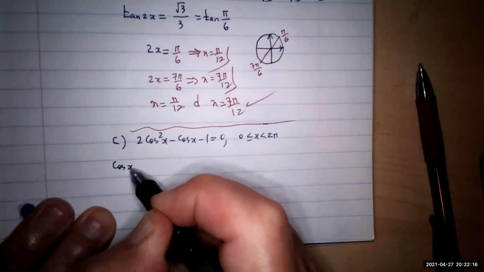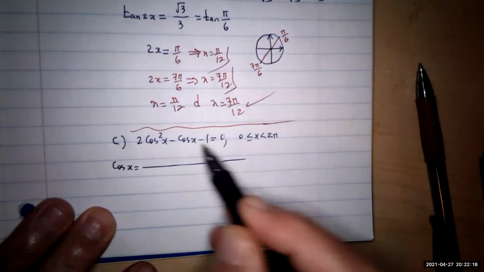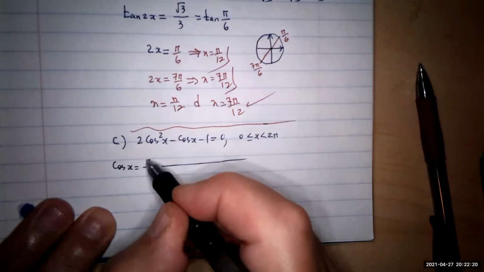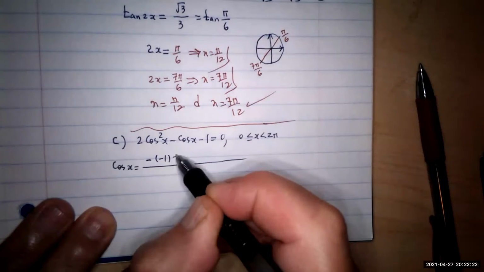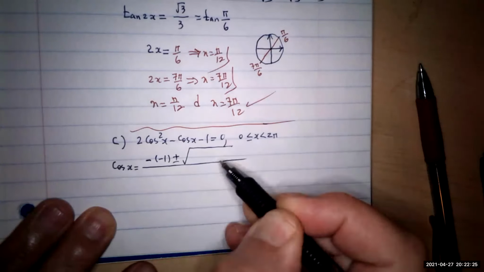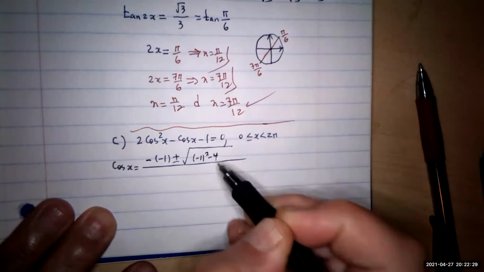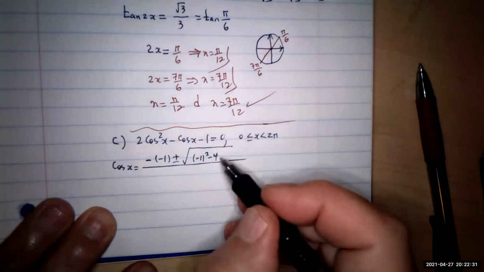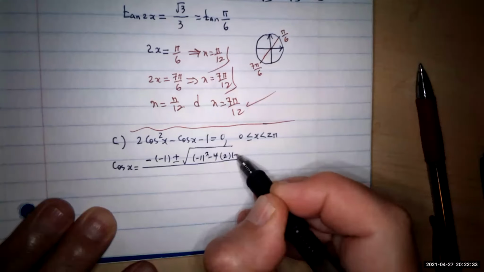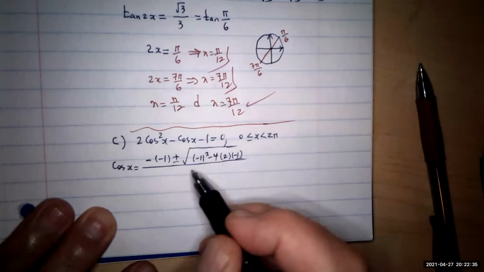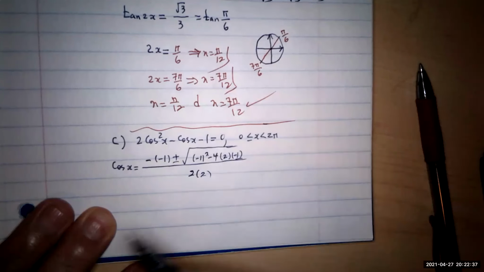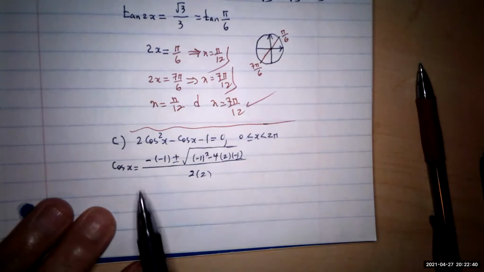The unknown is cosine. Remember, negative b would be negative of negative 1, so 1, plus or minus the square root of b squared, negative 1 squared, minus 4ac, all divided by 2 times 2. This is one option.